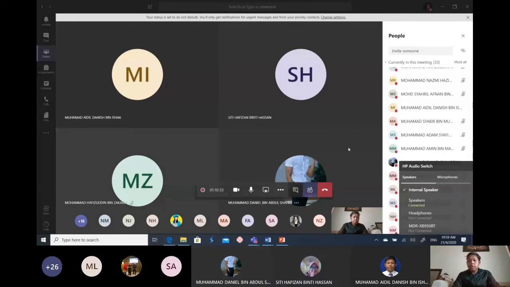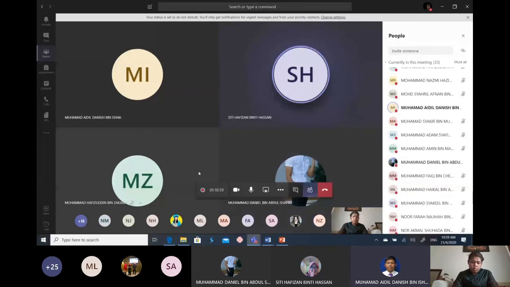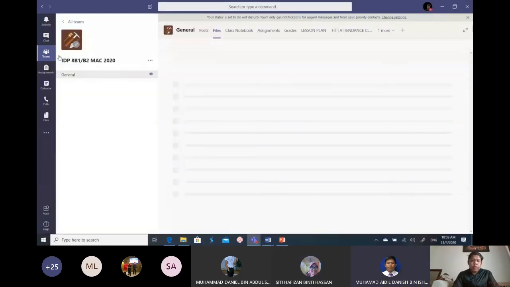Okay, Daniel. Sir, dengar, sir? Yes. Sir, yang tadi, kan kita dah design untuk nominal cover kan? Lepas tu kita boleh guna table NA2 tu untuk check, sir? Yes.